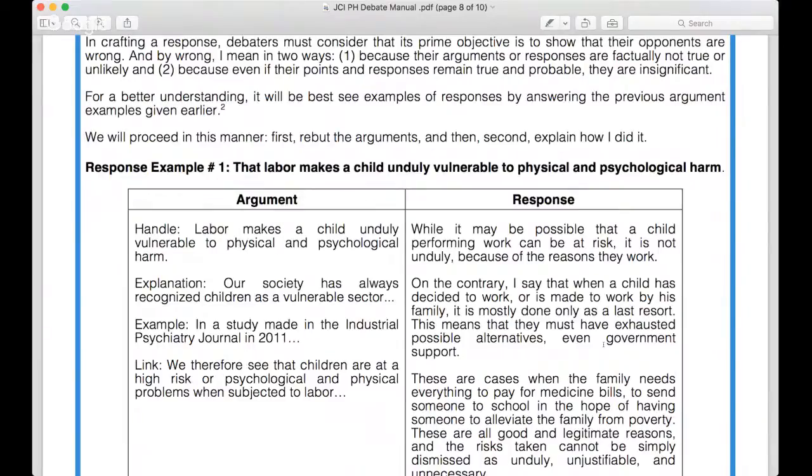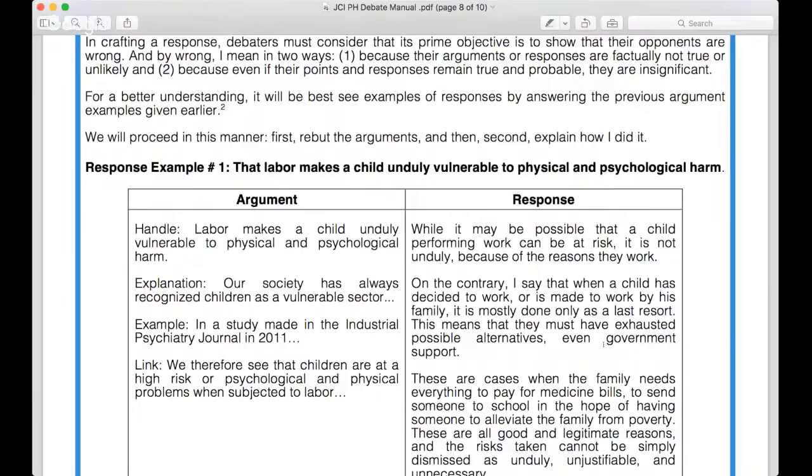It's important to listen to the context and the labels of your opponent. Here they say that the child is subjected to unduly vulnerability, which means you are subjecting a child to vulnerability that's unnecessary, or something that should be avoided given the current context.